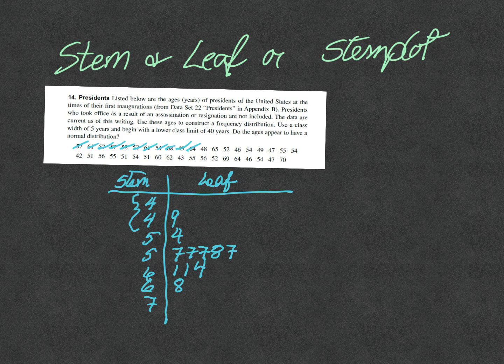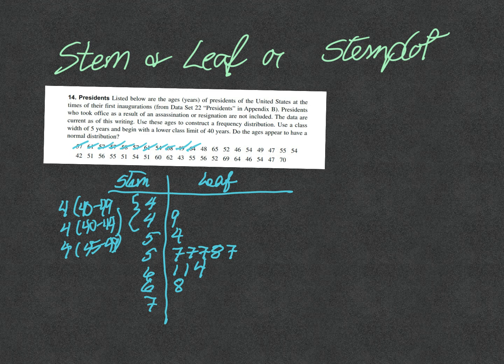So I split it up into the 40 through 44 group, the 45 through 49 group, the 50 through 54, 55 through 59, etc. But with stems, if you just put the 4 there, it could actually represent the 40 through 49s, okay? Or if you put two 4s like I did, then it represents the 40 through 44s and the 45 through 49s. It represents two groups. And so when you make a stem and leaf plot, you can do that.